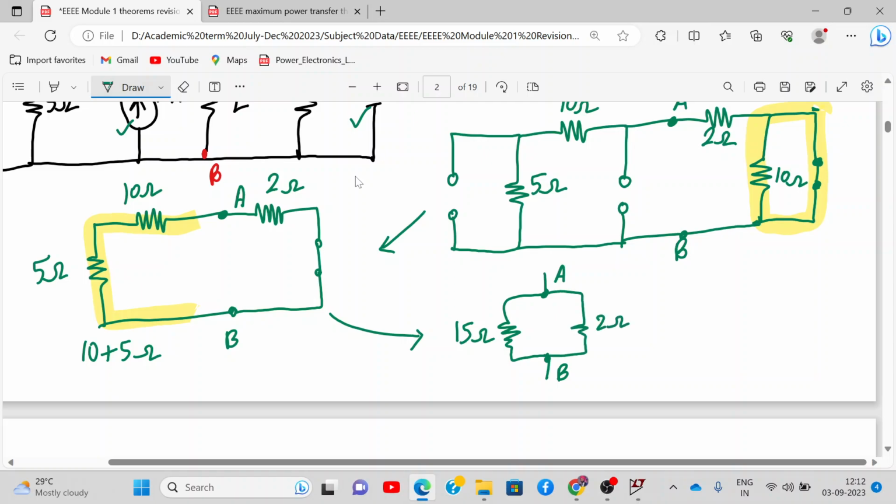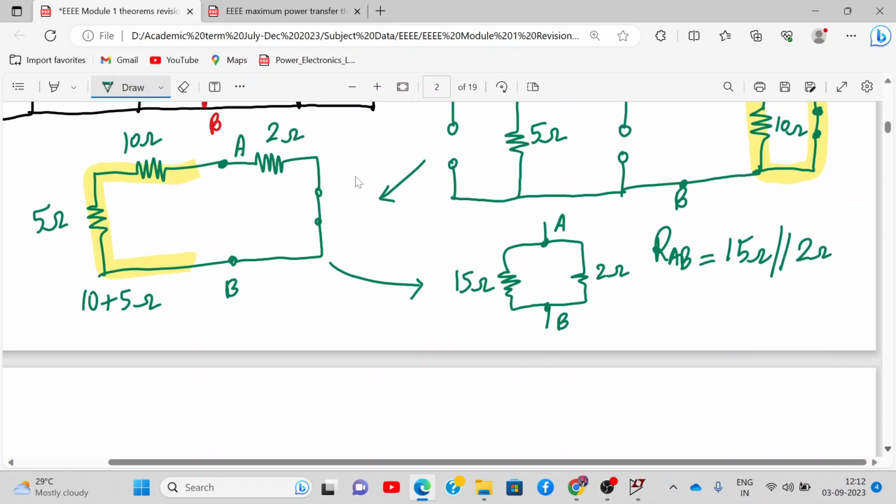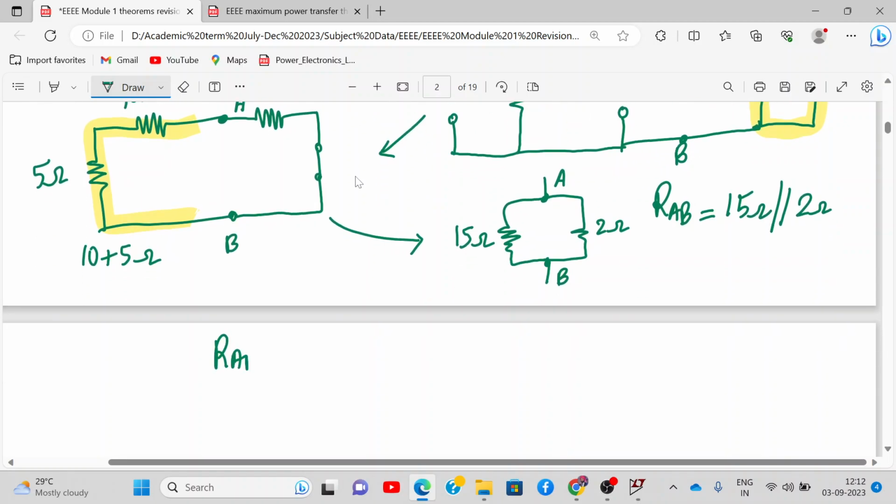You all got it? So what is RAB now? 15 ohms parallel to 2 ohms. Did you all understand? Any doubts in this? So please calculate and let me know. It will be 15 into 2 divided by 15 plus 2. How much is this number? 30 divided by 17.